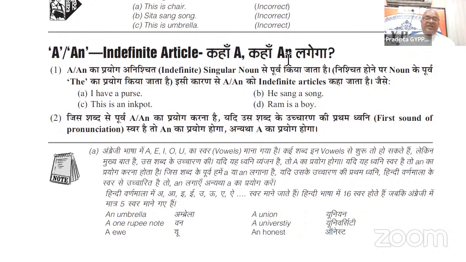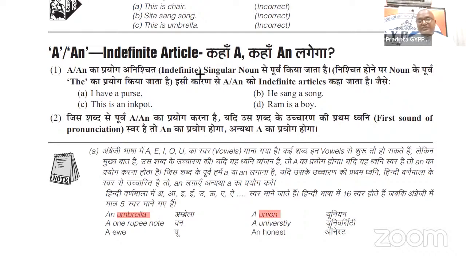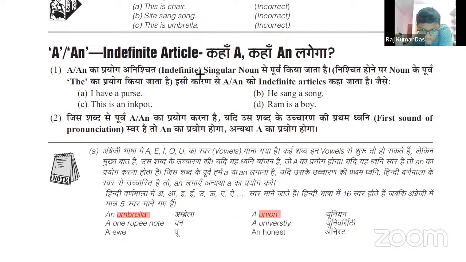For example, in the word umbrella, the letter U produces which sound? And in the word union, the letter U produces the Y sound. The pronunciation is like Y.